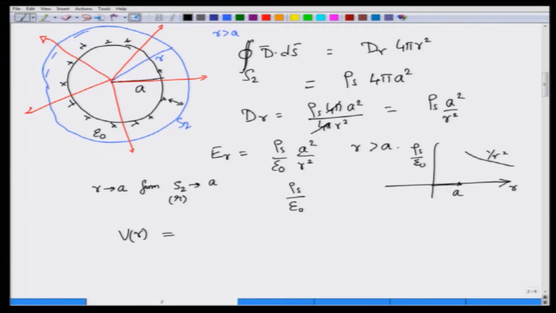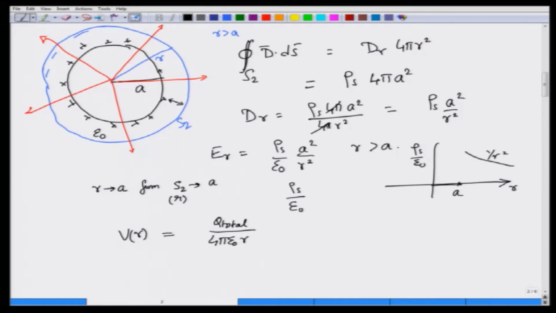You can obtain it by integrating the electric field from one point to another, taking the point of origin as infinity and considering all potentials with respect to infinity as the absolute potential at a point. This V of r will be equal to the total charge enclosed divided by 4 pi epsilon r. So, the potential is going as 1 by r.